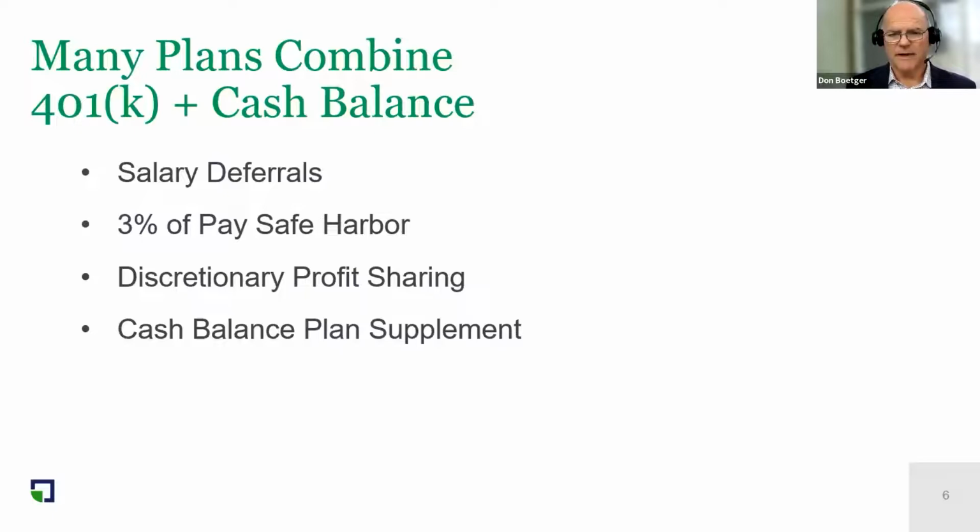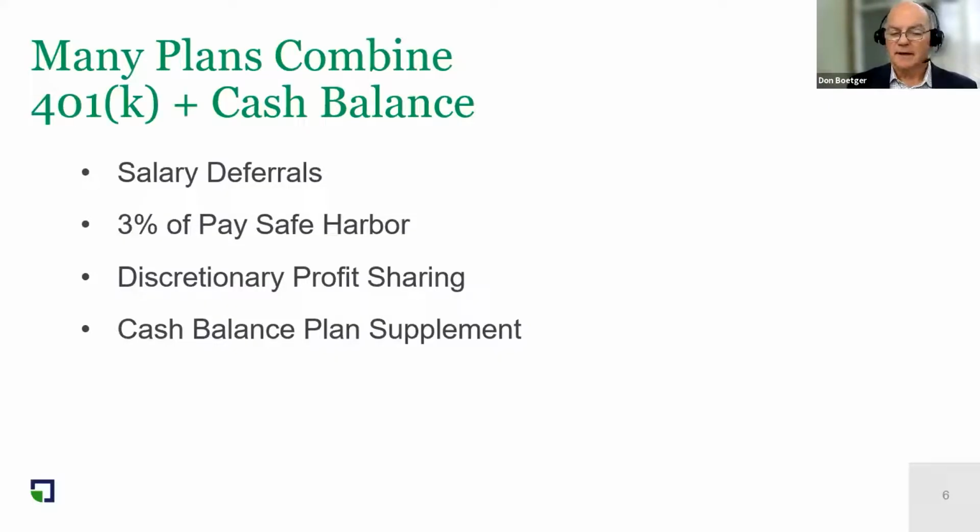Now, we do have to test all those things, but the reason we design the plan that way is because sometimes we need an extra deposit for a younger person in the profit sharing plan to satisfy testing. So that gives us and you the flexibility to pass testing without significant contributions. That's kind of our safety net there.